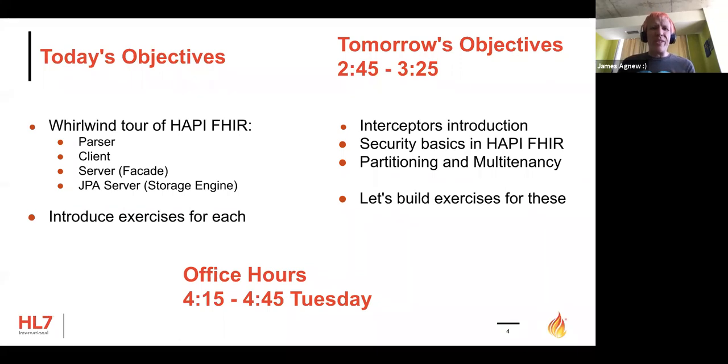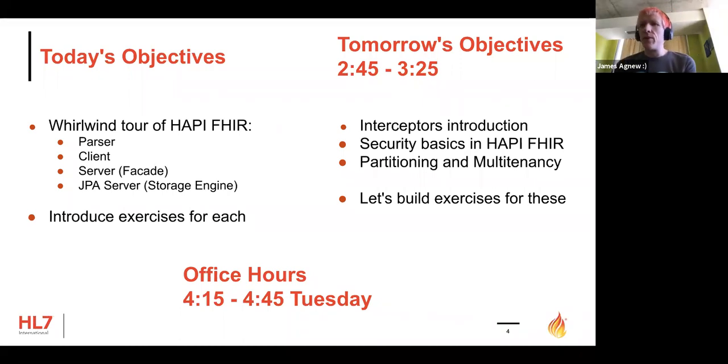Today, what we're going to do is just a whirlwind tour of HAPI features. We're going to talk about how the parser works, how the client works, how the facade server works, and how our storage engine, the JPA server, works. We'll talk about each of those things, as we often do in introductions. But more interestingly, I've got little intro exercises for each of those parts of the library.